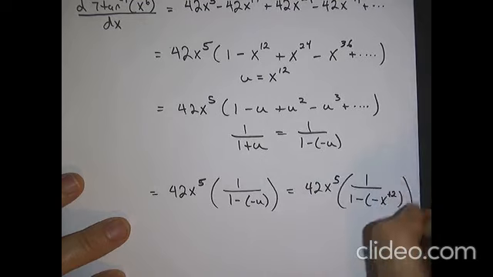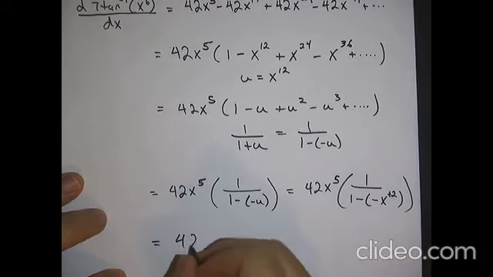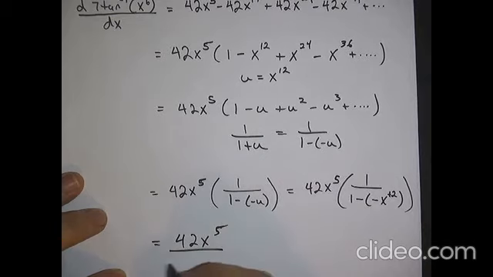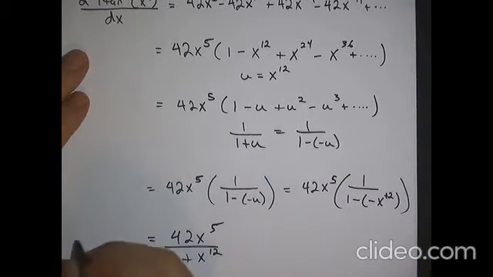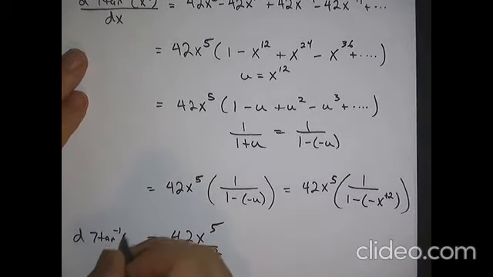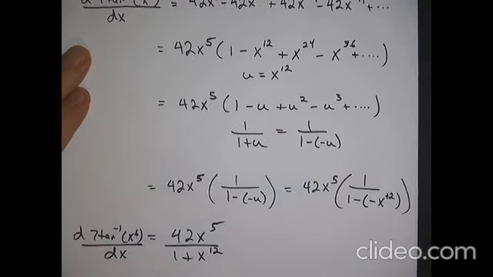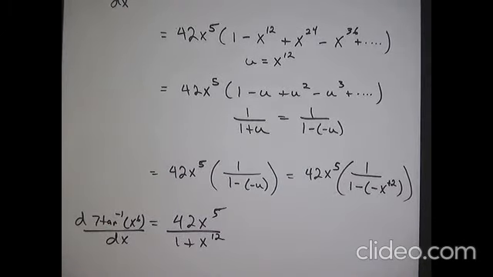Let's go ahead and move that to the inside: 42x to the 5th over 1 plus x to the 12th. Okay, so that is the function that's represented by this differentiated series, which is d/dx of 7 tangent inverse of x to the 6th. So that takes care of B.